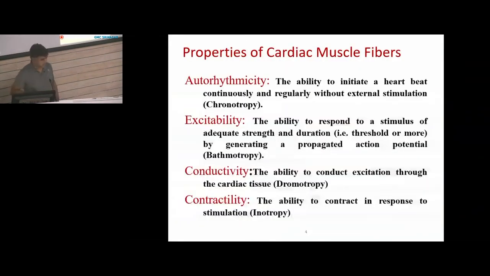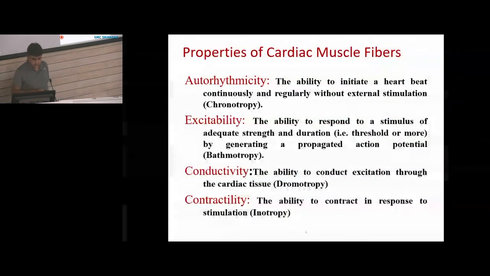As a brief recall, we were discussing in our previous classes the different properties of cardiac muscles. The important properties, as you can see on the slide, are autorhythmicity, excitability, conductivity, and contractility.